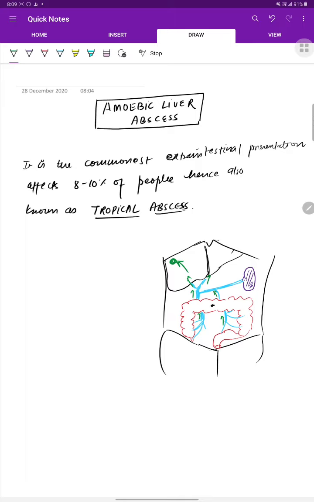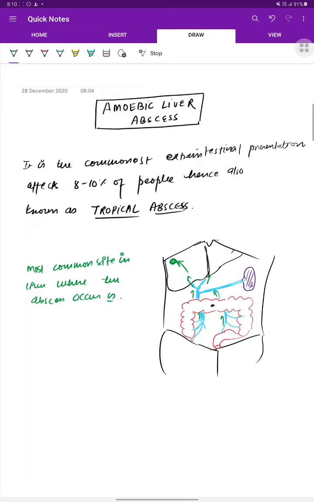Now, the most common site in the liver where the abscess occurs is segment number 8.